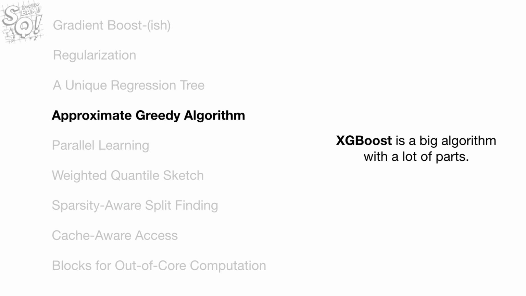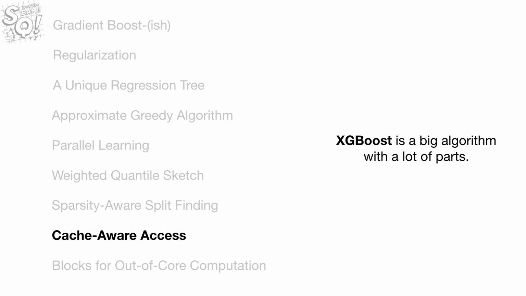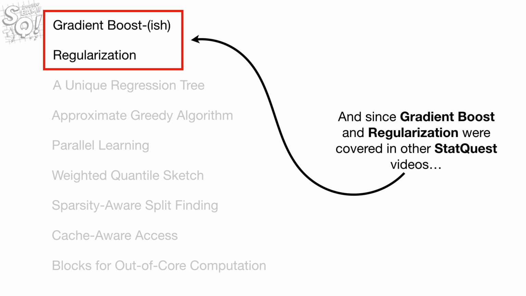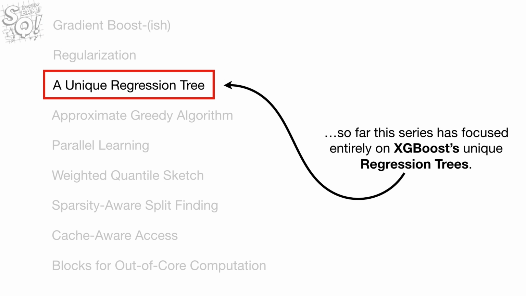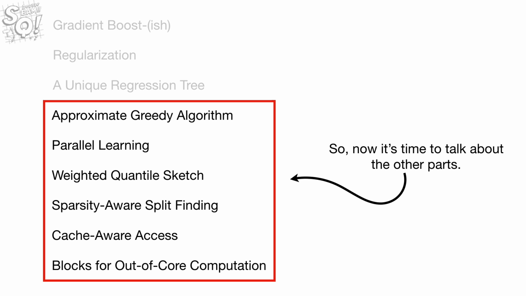XGBoost is a big algorithm with a lot of parts. And since gradient boost and regularization were covered in other StatQuest videos, so far this series has focused entirely on XGBoost's unique regression trees. So, now it's time to talk about the other parts.